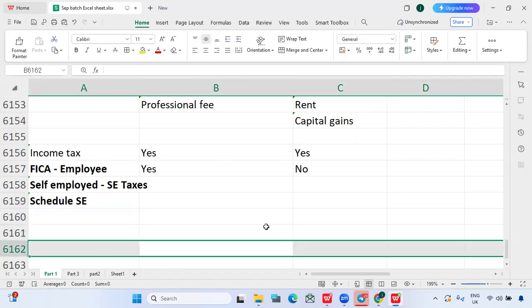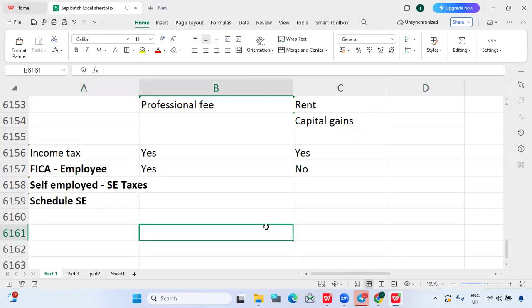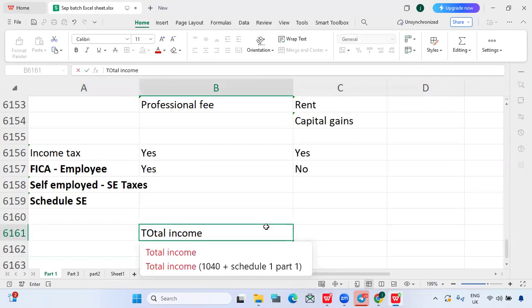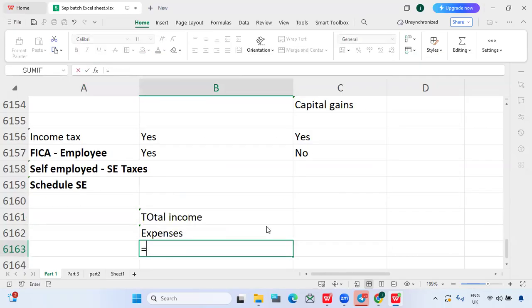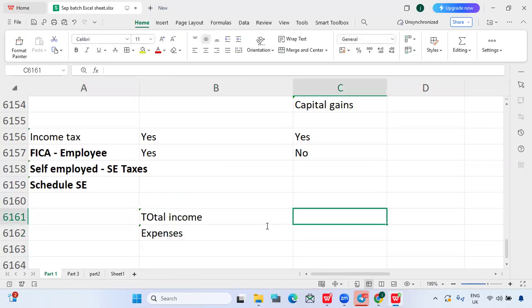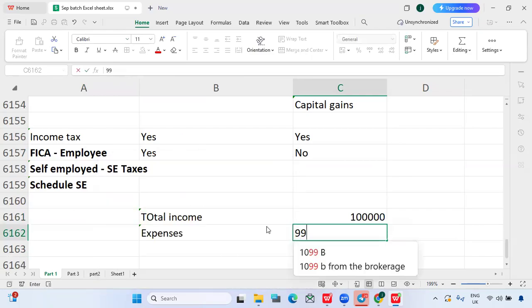So when to pay self-employment taxes? Usually for self-employed people, we will see total income and also expenses. Let's say total income is $100,000 and expenses are 99,700.